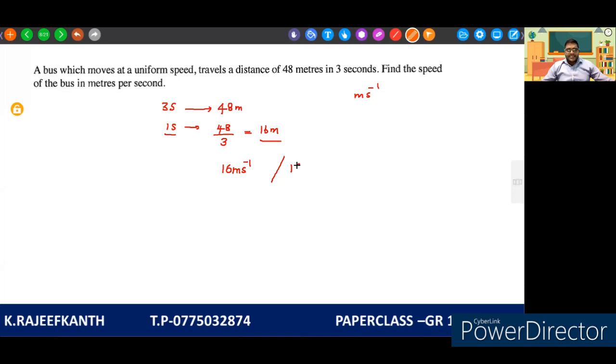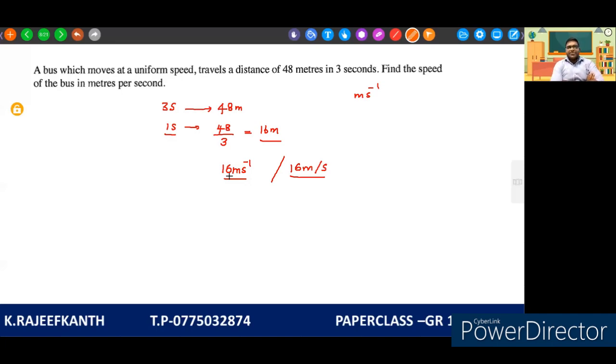In these two ways, you can write the answer. You have to write the final answer, otherwise you will lose your marks. After finding how many meters the bus travels in 1 second, you have to write the speed of that bus.